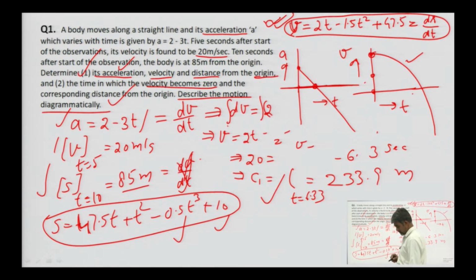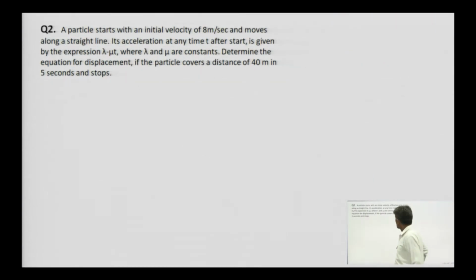Next, a particle starts with an initial velocity of 8 meter per second and moves along a straight line. This is a question of rectilinear motion. Starts with initial velocity means u is 8 meter per second, and moves along a straight line.